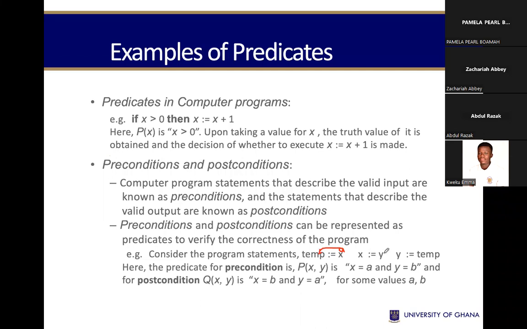Then when I come here, I'm going to have a Y, and the Y from the precondition is B. So this B here will also be assigned to X. So now the output of X will be B. Can you see that? Yes. Now when I come to temp, I know that this Y, we already have assigned to the temp.